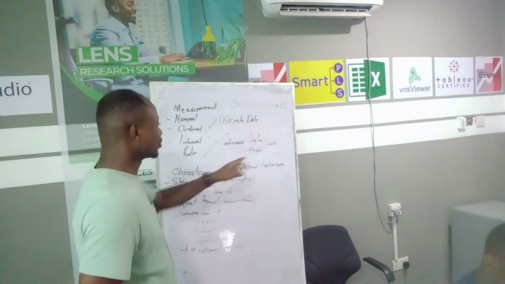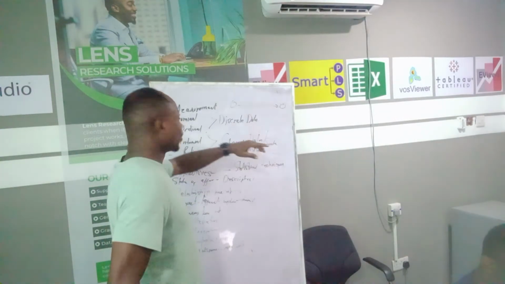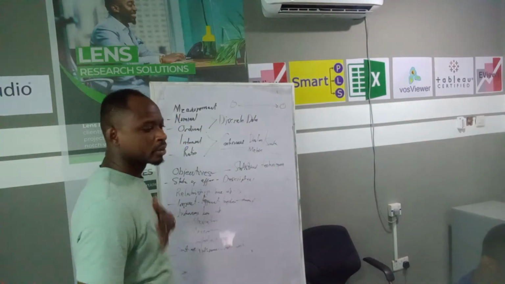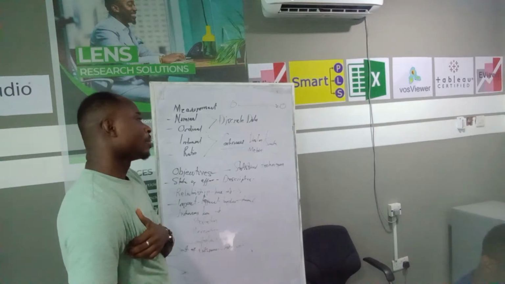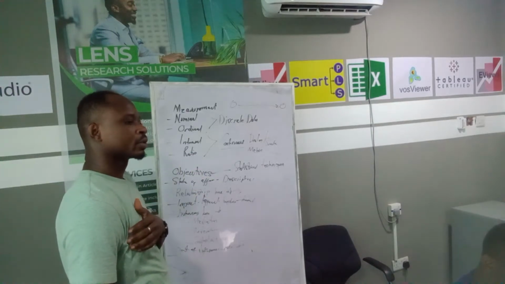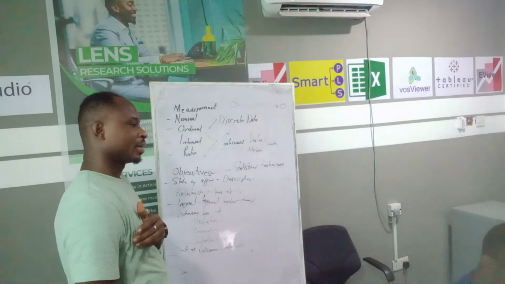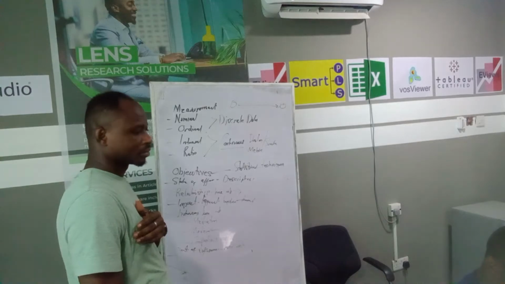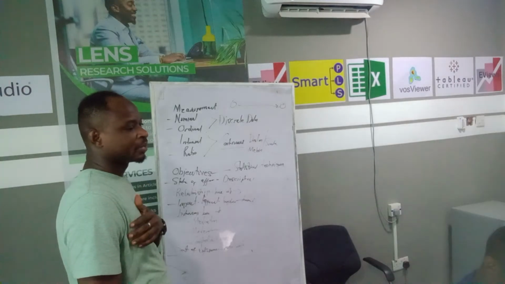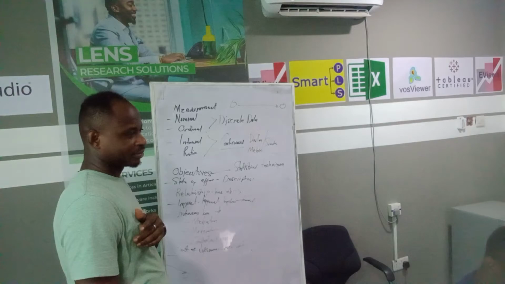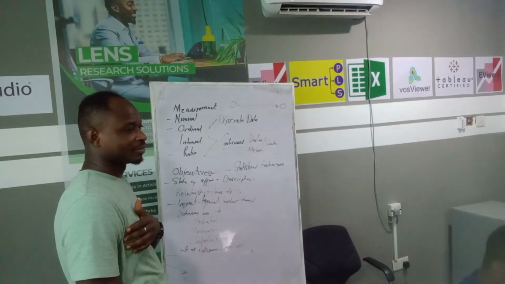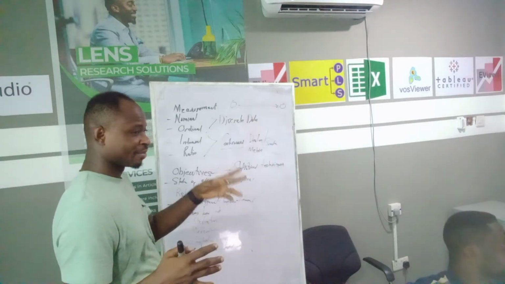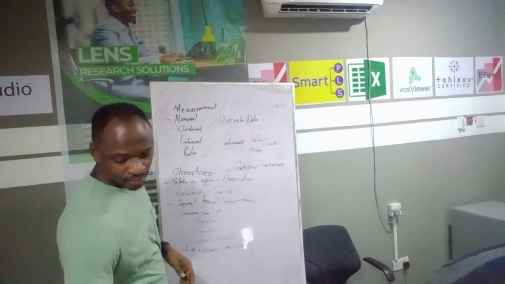But in SPSS, it will see it as what? Scale. So all the things that we measure at the interval and ratio level, SPSS will call scale. But if you go into Smart PLS, it will call it what? Metric. So you know what I'm doing now? Yeah. Good. I'm doing the dual kind of thing. I mention the same thing.